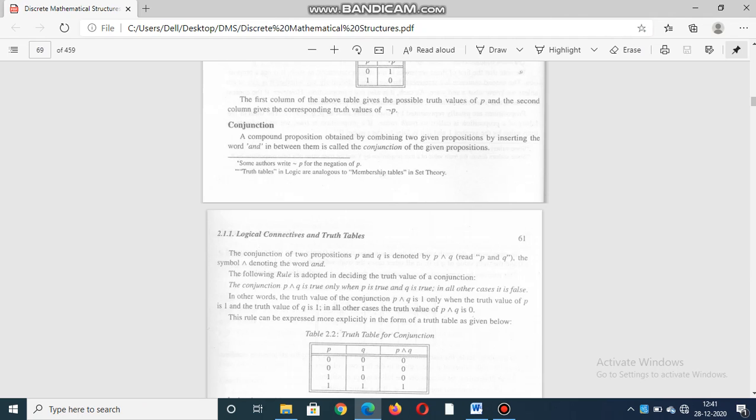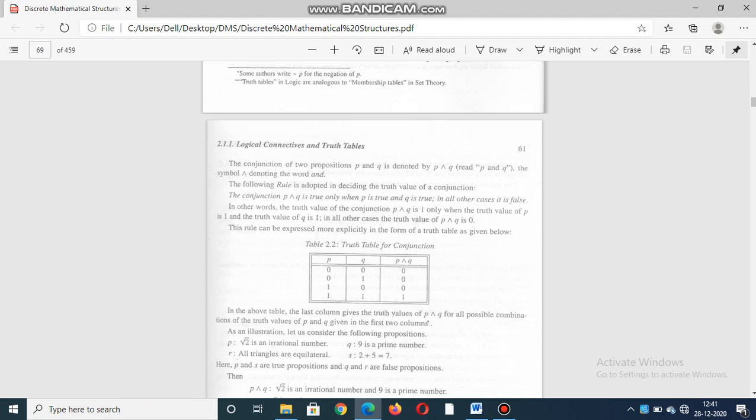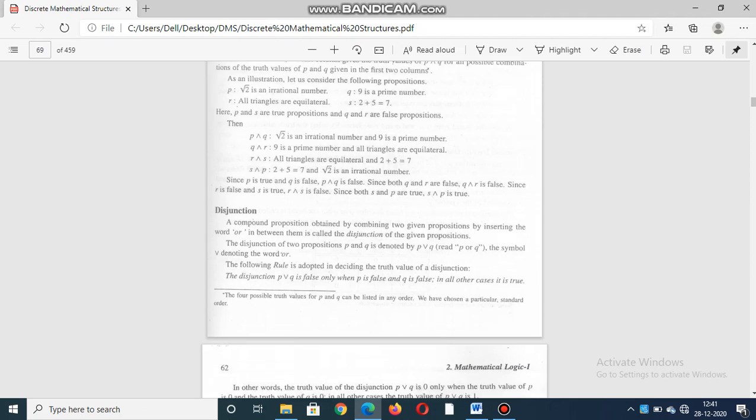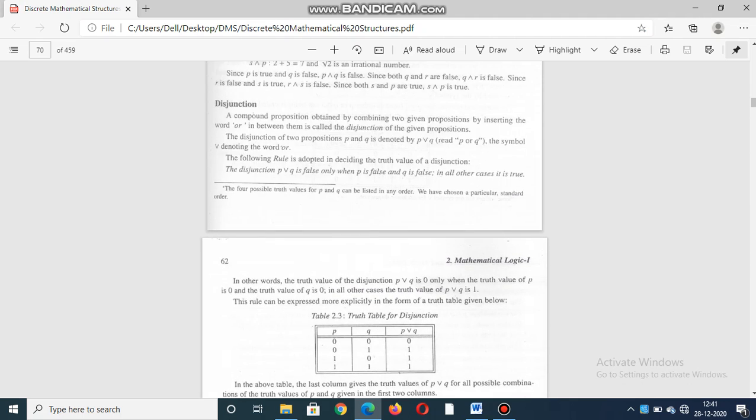Okay, next is disjunction. Disjunction is nothing but the OR condition. Here you just observe in the disjunction, P and Q, both elements have 4 possibilities of input. In these 4 possibilities of input, the disjunction symbol is written as P disjunction Q, in this manner.